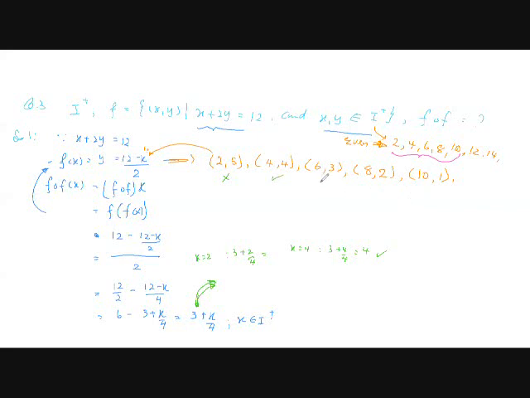And you continue testing. If 6, it becomes 3 plus 6 over 4. This one becomes a fraction again, because it becomes 3 plus 3 over 2. So it becomes a fraction, not a positive integer, so this one doesn't work. Now continue.